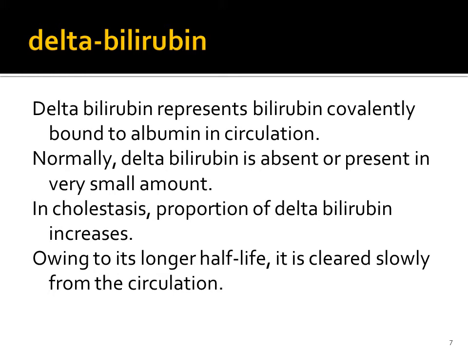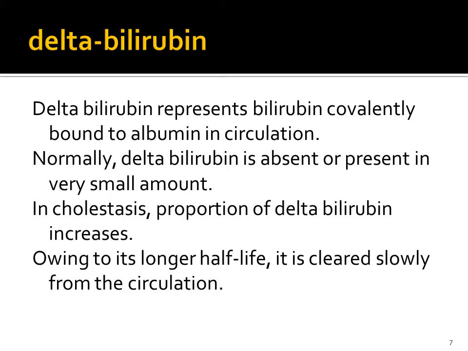The third type of bilirubin that you all may or may not be aware of is delta bilirubin. What is delta bilirubin? That is the part of bilirubin which is covalently bound to albumin in circulation. So it is persistent.